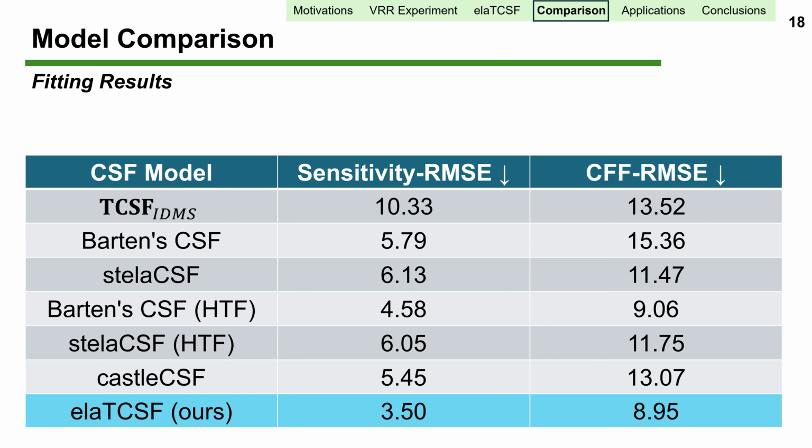The first row, TCSF IDMS, represents the current industry standard for flicker detection. However, it only considers temporal frequency and neglects other parameters, resulting in poor performance. In contrast, our elaTCSF outperforms all existing CSF models across all metrics.